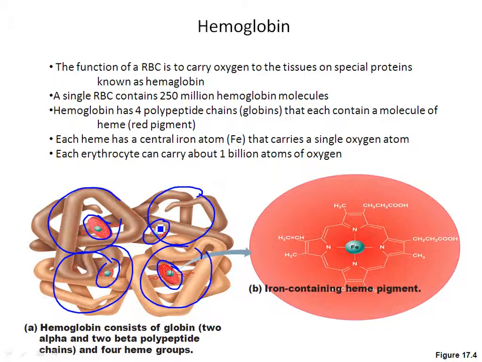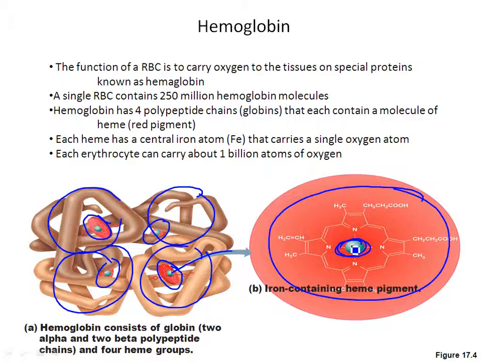Heme is just a red pigment, and each heme molecule, which we've taken and blown up right here, has a central iron atom. That Fe stands for iron, if you've forgotten that. Now, it's the iron atom that actually carries the oxygen. So if you look at one molecule of hemoglobin, it can carry 4 atoms of oxygen because there's 4 heme molecules, each one having 1 iron atom, and that's what carries the oxygen.